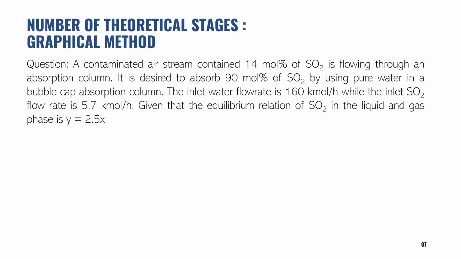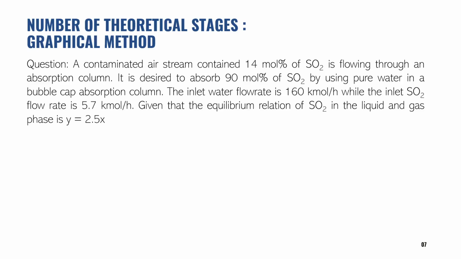Alright, there are a few pieces of information that we need to address in this question. The first one is the air stream. This air stream contained 14% of SO2.